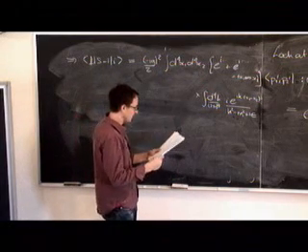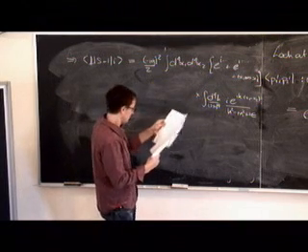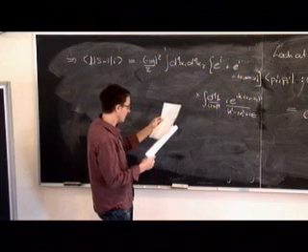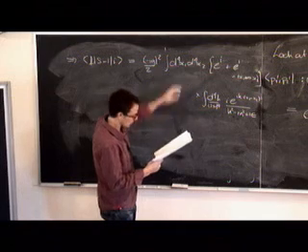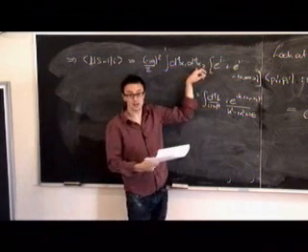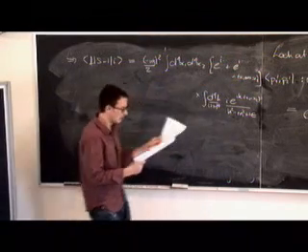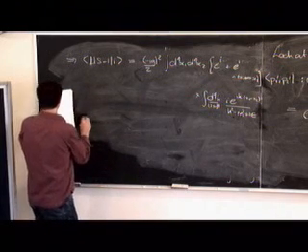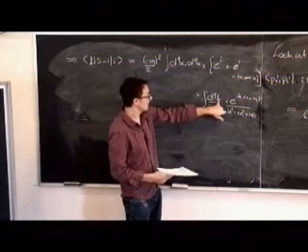Then we do the x1 integral to get a delta function, and we do the x2 integral and we also get a delta function. So we get two delta functions from doing these two integrals, and we're left with this. And then, of course, one of those delta functions allows you to do this integral.